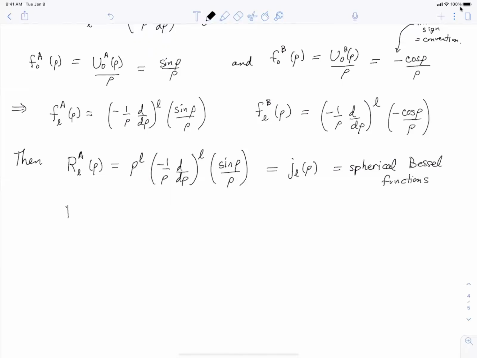And then the B solutions look similar, except that now it's minus cosine rho over rho. And by definition, these are called spherical Neumann functions.